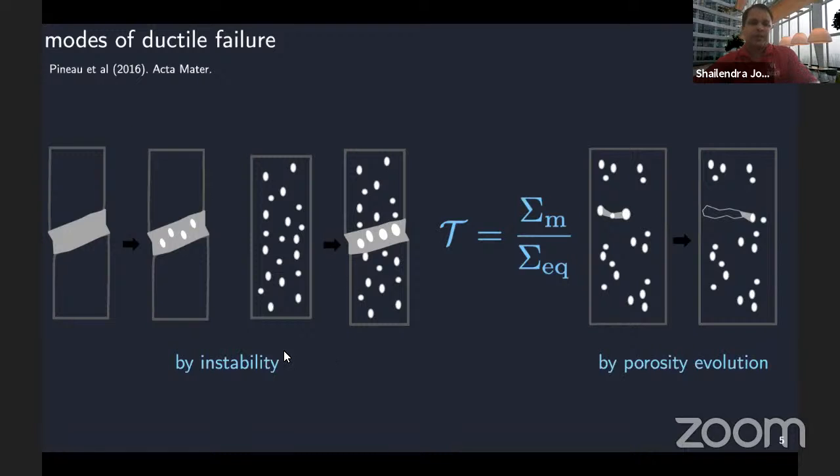But broadly speaking, you can think of failure occurring by two modes, so to say. One is the one that I'm going to talk about, which is by internal nucleation, growth, and coalescence of voids that you see on the right side of this schematic.